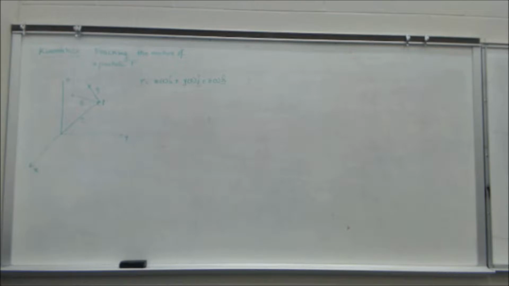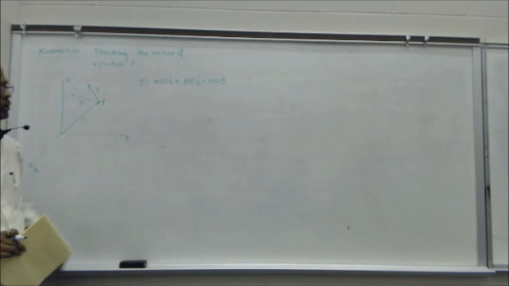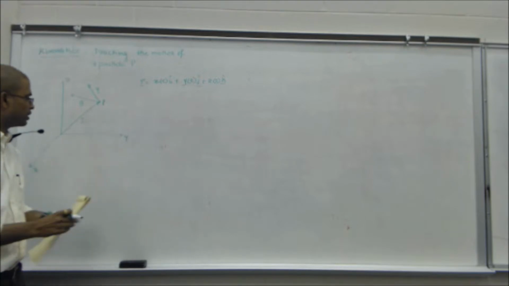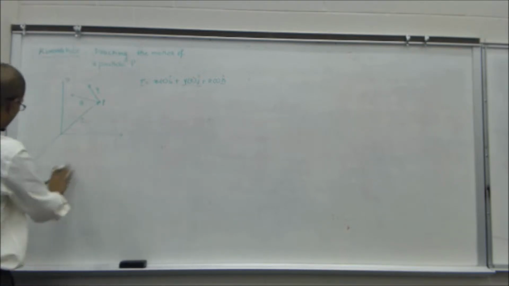So what is x, y, z? x, y, z are the components of this particle in the x, y, and z direction, and i, j, k are the unit vectors in this direction.